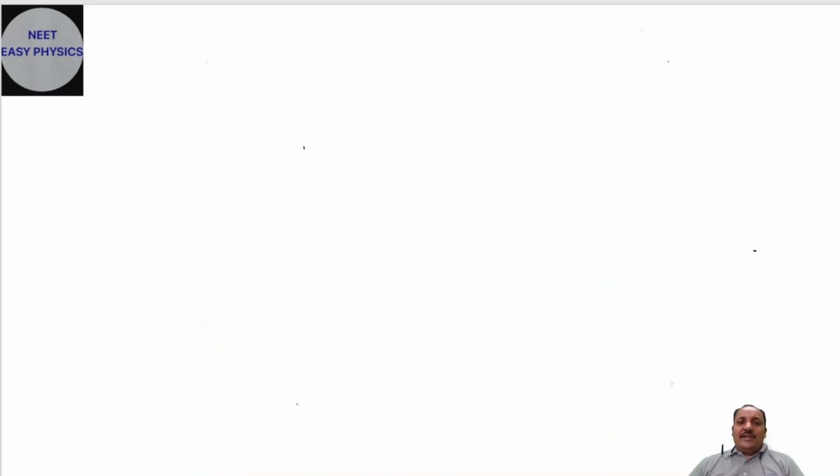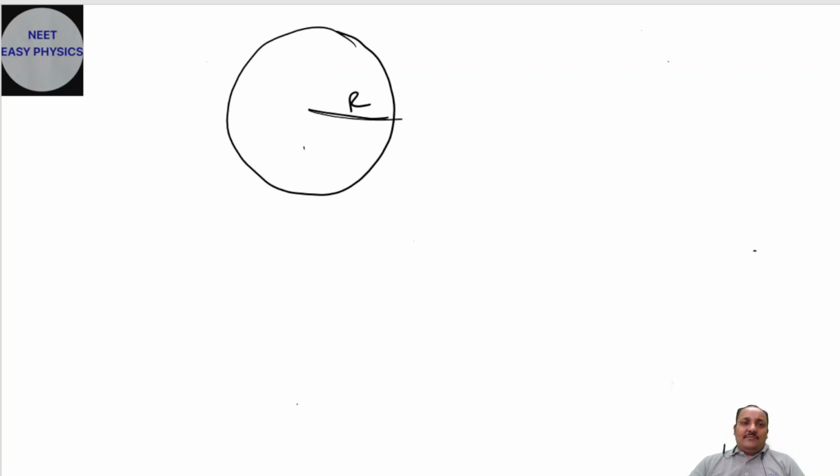Therefore, how will you get the graph nature for a non-conducting sphere? Already we have drawn it for the conducting sphere. So the graph nature for this will be, from center to surface, the electric field intensity value is going to increase, and later it is going to decrease.